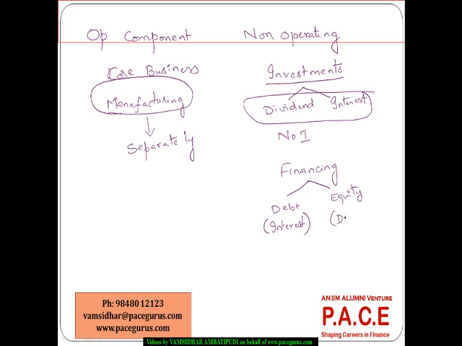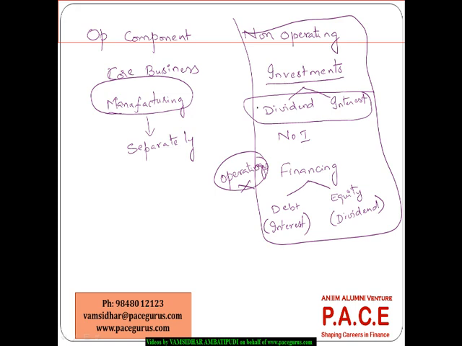Similarly, the dividend that it pays to the equity investors is again for the capital that it has raised in the form of equity. So these are independent of the operations of the firm. We talk about all these as non-operating components in the financial statement.